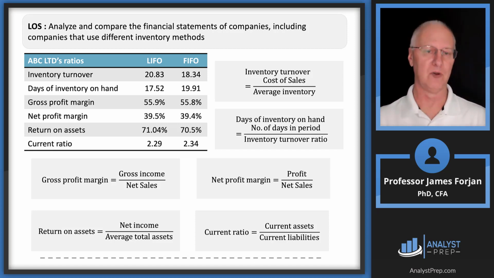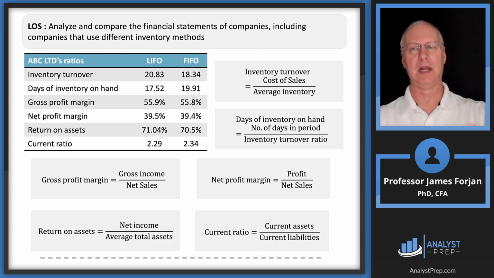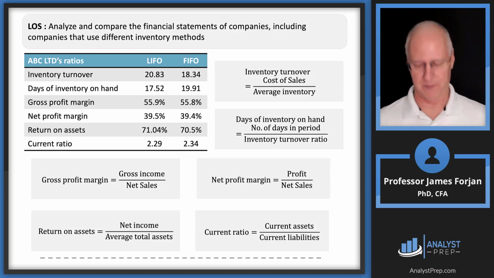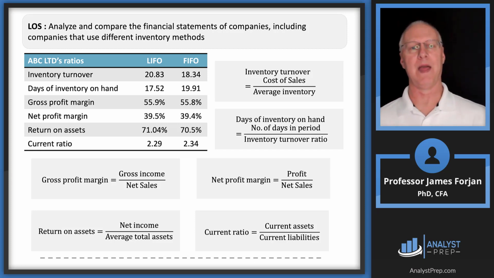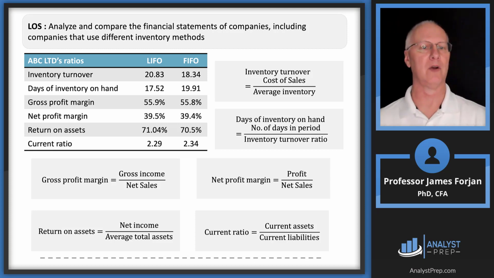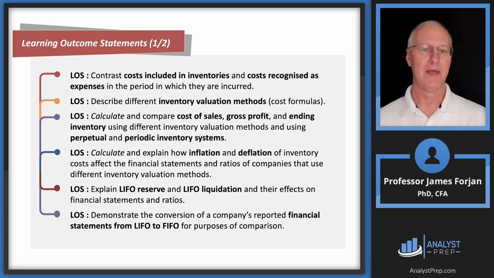Then we need to do our good work as financial analysts to make a conclusion about which method, and then compare that to this XYZ company over there. So feel free to take a picture of this and then swing back to that earlier slide where we had all the financial statements and a couple of those ratios. And that takes us through the LOSs.